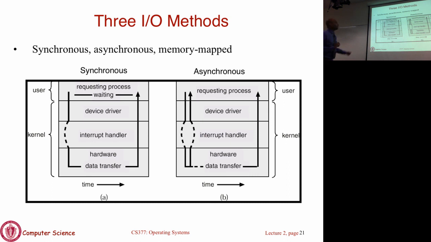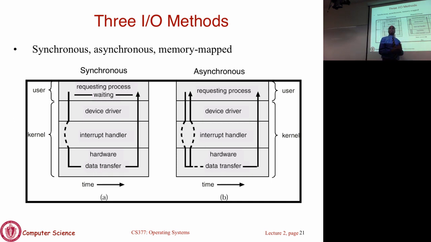Now, if your process that issued the I/O is going to wait for its results to come back, say you read a file and then wait, or read some input from the keyboard and wait, that is referred to as synchronous I/O. Synchronous means blocking. You are going to block until the I/O command completes. This is one mode of doing I/O.